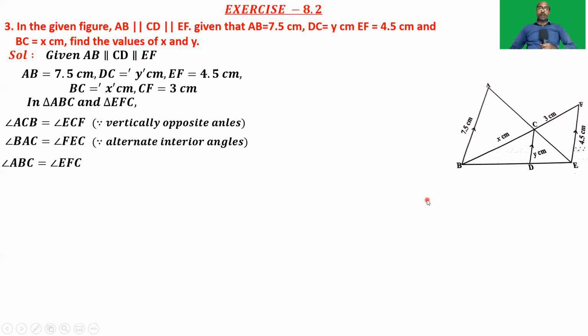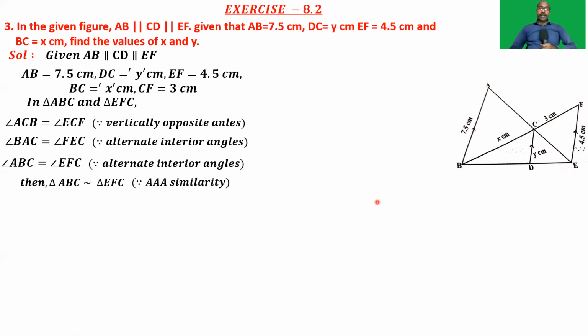So angle ABC is equal to angle EFC. So now we got that the angles in triangle ABC are equal to angles in triangle EFC. So by AAA similarity, we have triangle ABC similar to triangle EFC.